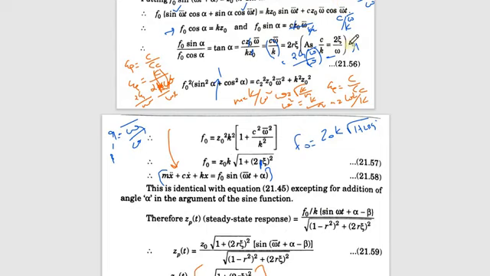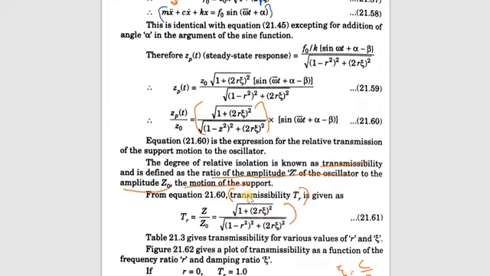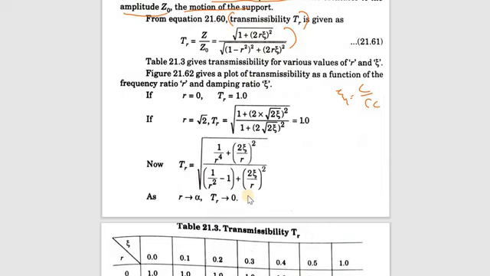So we started with this ratio, which is known as the transmissibility ratio. Here we have many conditions. If R is equal to 0, TR is equal to 1. Then if R is equal to root 2, TR is again equal to 1. Then if R is equal to infinity, TR is equal to 0.